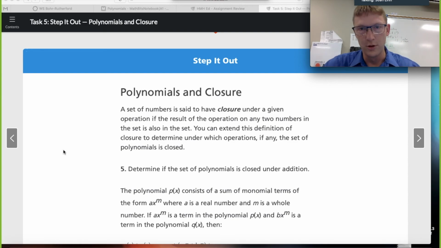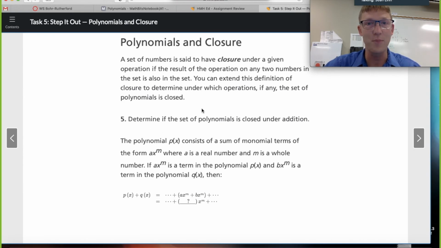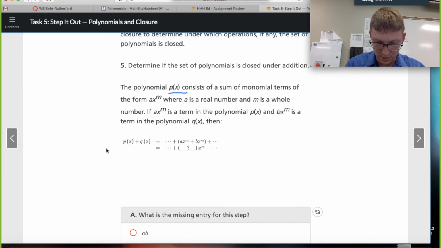Okay, so determine if the set of polynomials is closed under addition. We're doing a little bit of theoretical math here. You've got a P of x consisting of the sum of several monomial terms in the form a x to the m, where a is a real number and m is a whole number.